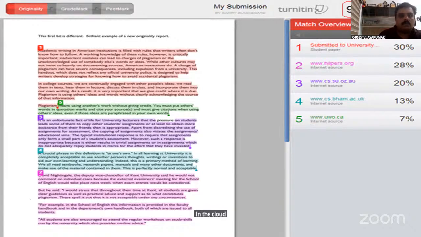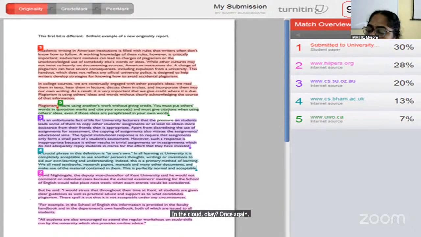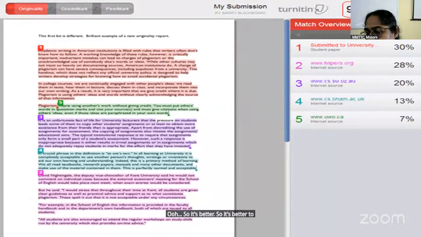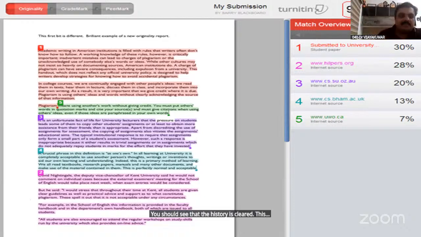Okay. Yeah. Once again, if you put it for a third time, it will show 32% then. So it's better to go for one-time check. You should see that the history is cleared.